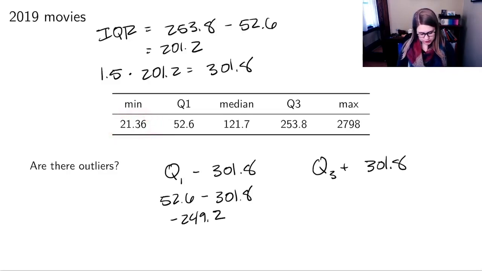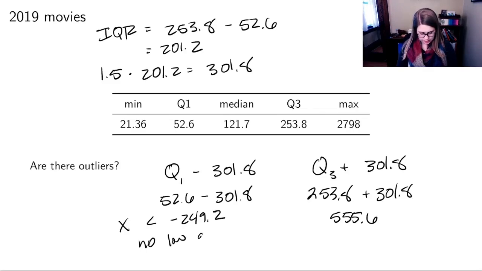And then the other one, Q3, is 253.8 plus 301.8, and that's 555.6. So are there any values less than negative 249.2? No low outliers. But are there any values greater than 555 million?